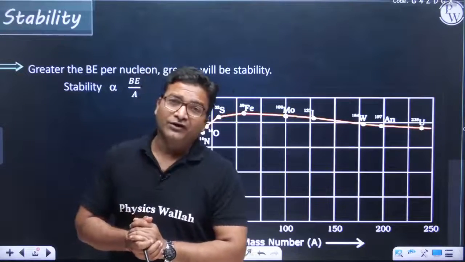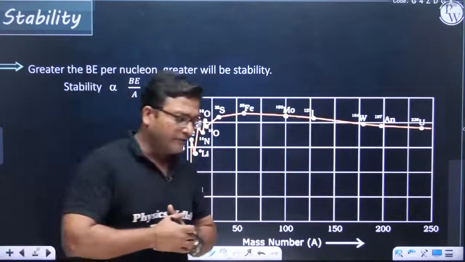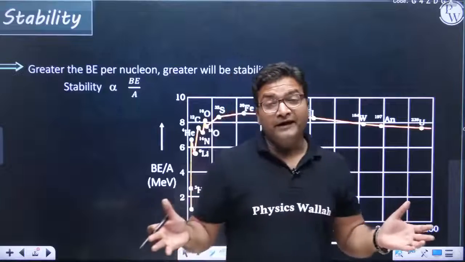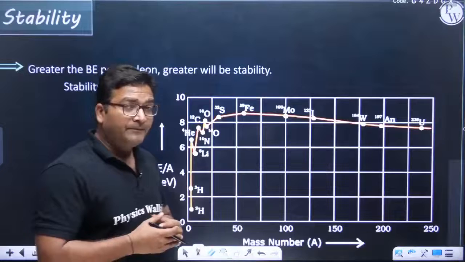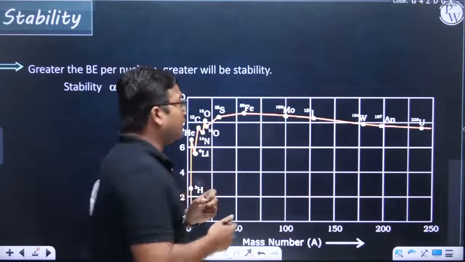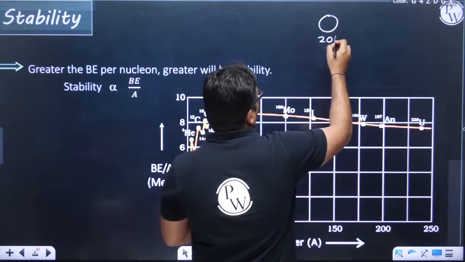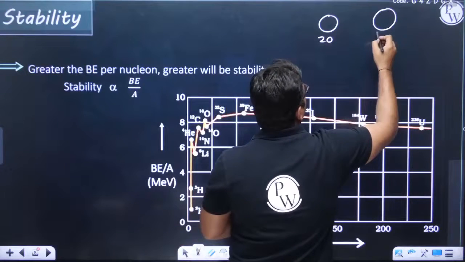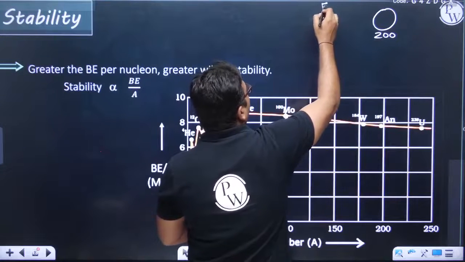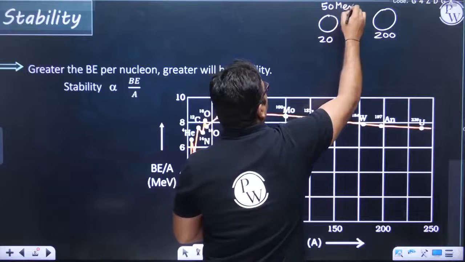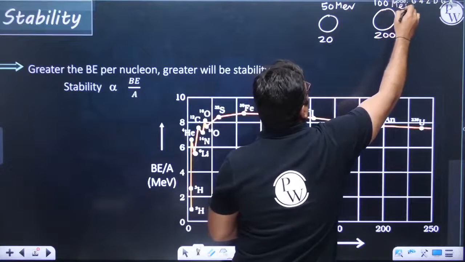Okay, so now we will talk about the stability of a nucleus. The first thought that comes to our mind is that the greater the binding energy, the greater the stability. But if we compare the binding energy of two nuclei, say one has 20 nucleons and one has 200 nucleons. Suppose this has binding energy equal to 50 million electron volt, and this has binding energy equal to 100 million electron volt.